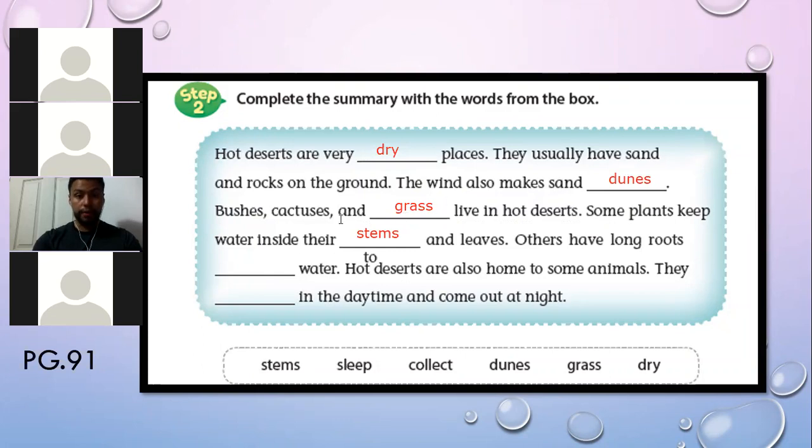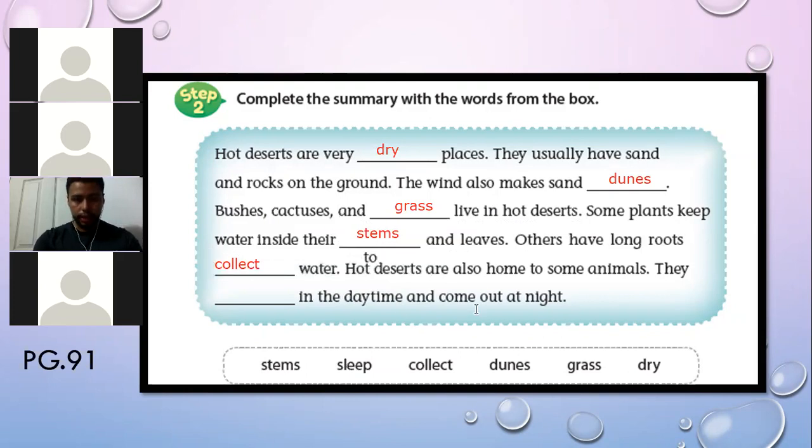To collect water, exactly. All right. The answer is? Collect, right? Yes, collect. I didn't see the verb. Thank you.